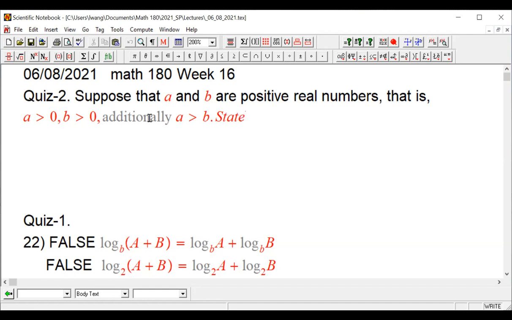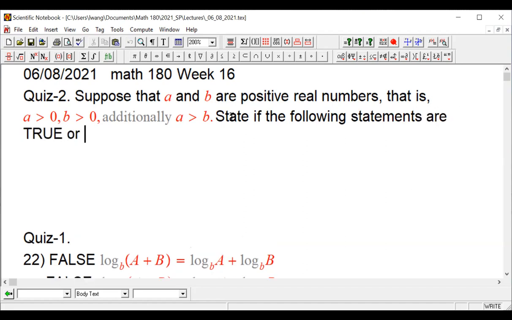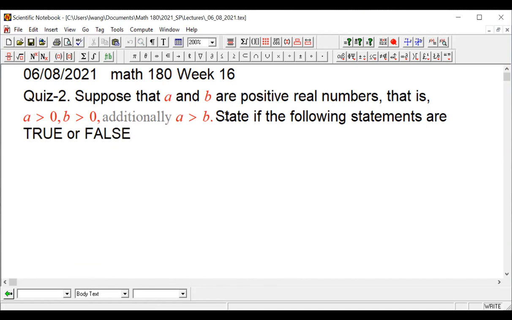Okay, these are simple derivings that you must know.